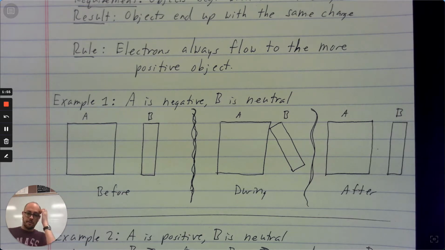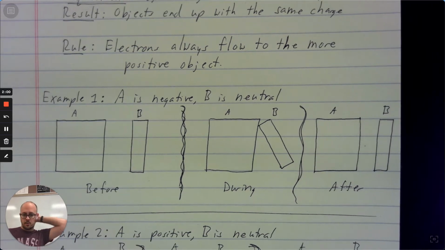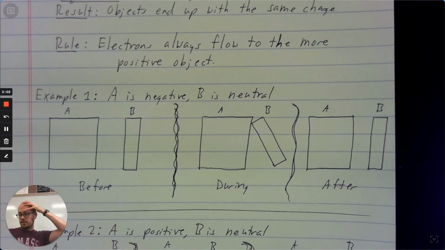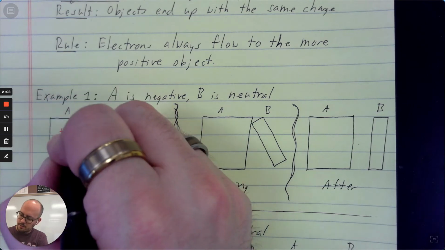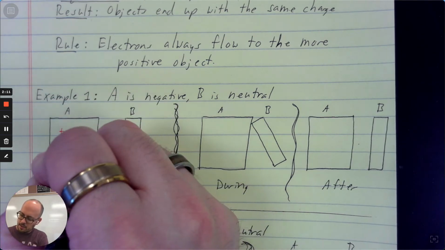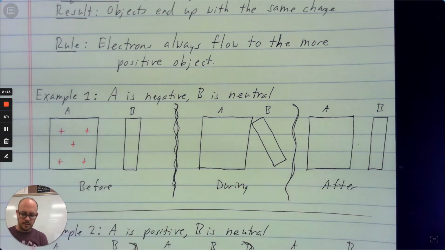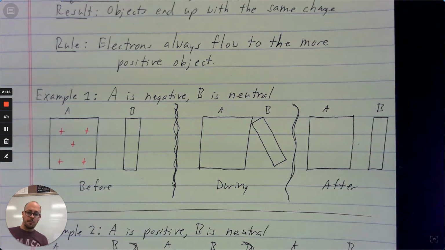The red definitely will. So our first example is two objects, A and B, where A is initially negative and B is neutral. Now, we're going to use this as a bit of a review. I'm going to draw some plus signs in here. These plus signs are evenly spaced, and they represent the protons in object A. There are billions or trillions or even more protons in an object, even if it's super tiny, but we're going to draw 5, just as a representative.